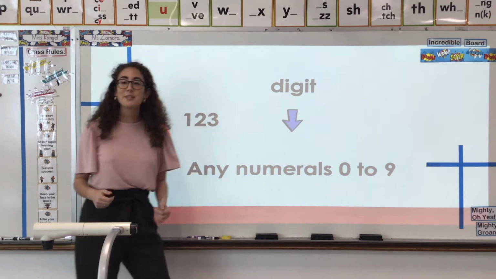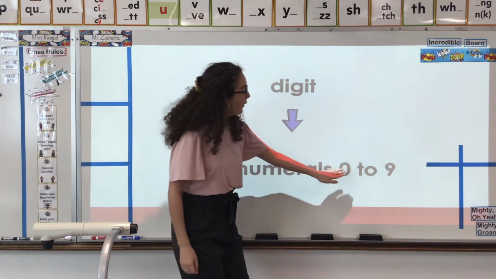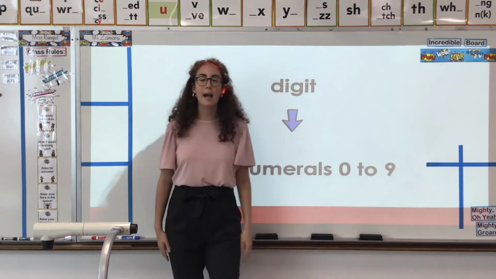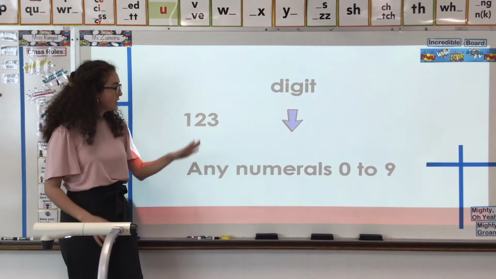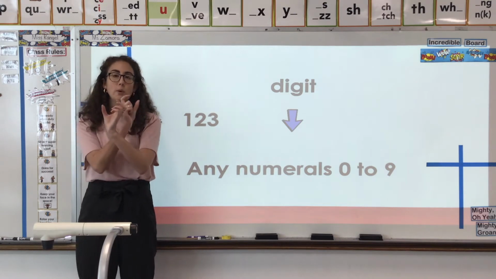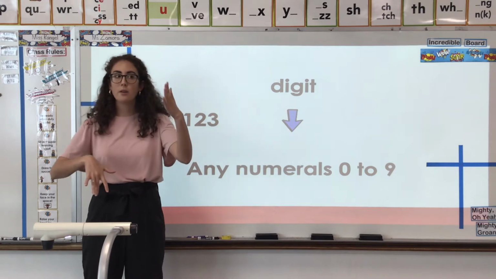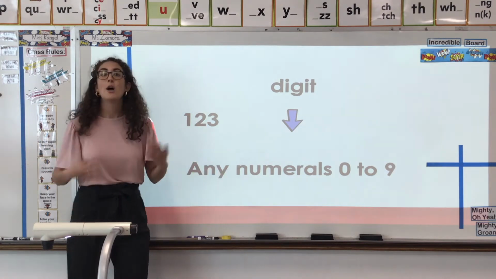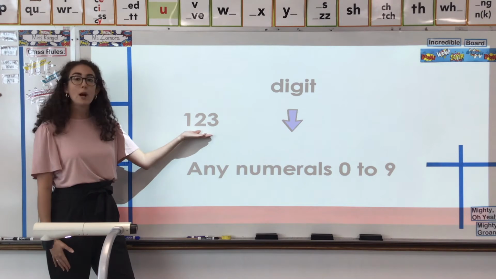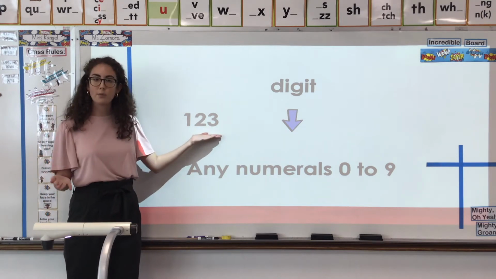A digit is any numeral from 0 to 9. So digits are the numbers that we write down, the individual numbers that we write when we're representing 2, 3, or 5-digit numbers. So as an example, this number up here altogether is 123.